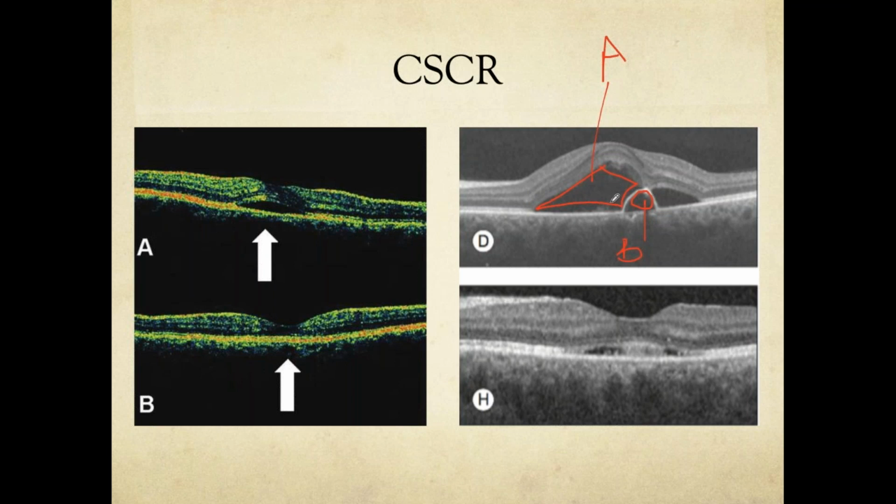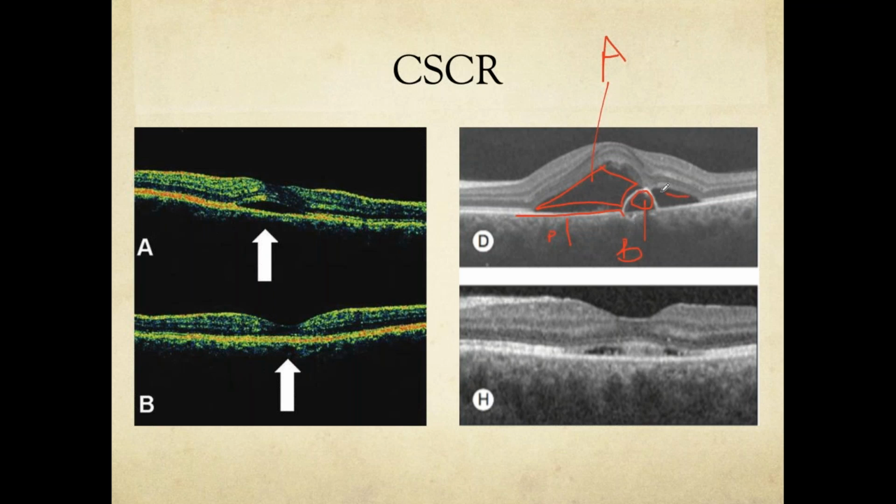But the space, no, B is not air. What is this? This is the pigment epithelium here. Right. So A is the CSCR, while B is the PED.